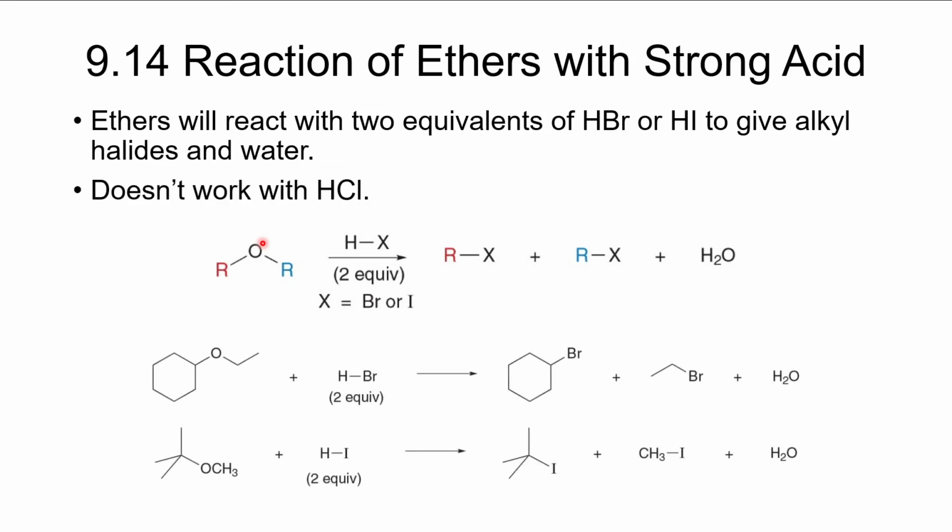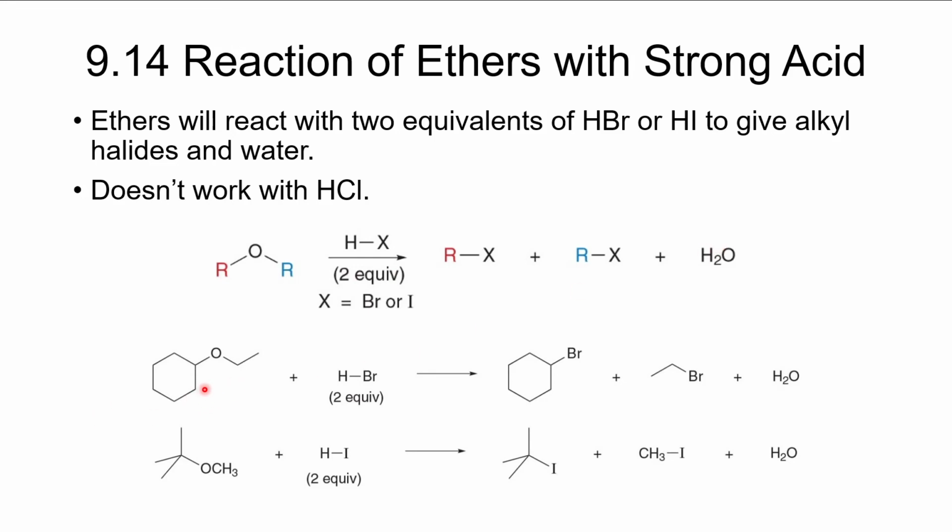We'll find this does not really work with HCl because chloride is just not as good of a nucleophile as the bromide and the iodide. That said, we need 2 equivalents of our HBr or HI, and we will get the alkyl halide of both sides plus water as our products.